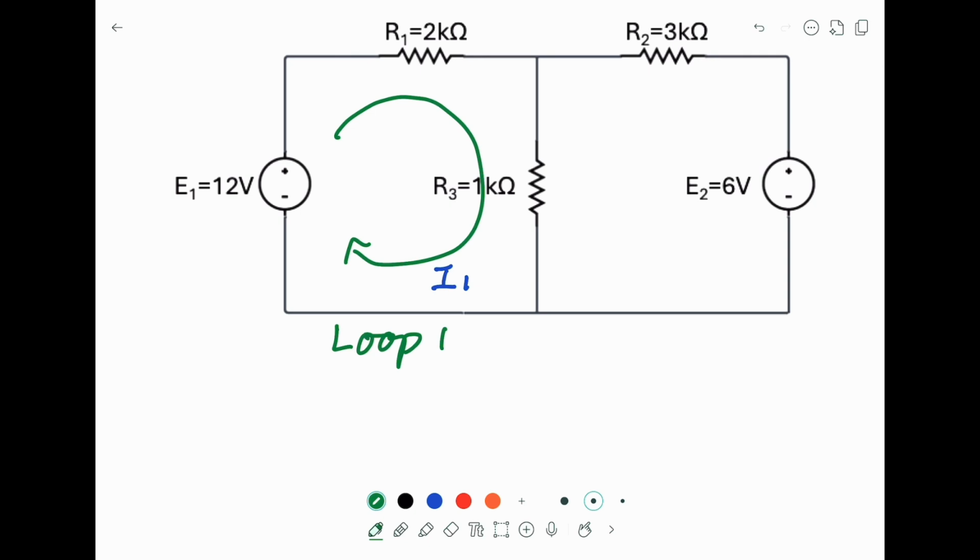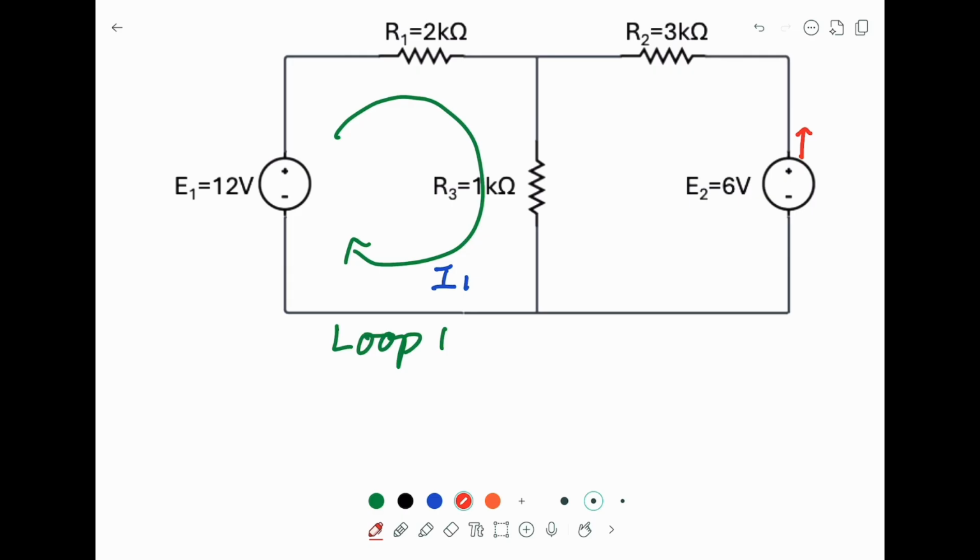Even though you think, okay, the current from the 6 volt voltage source should be coming from the positive side, remember, mesh current is a fictitious current, so at this stage you don't need to go exactly along the physical current.